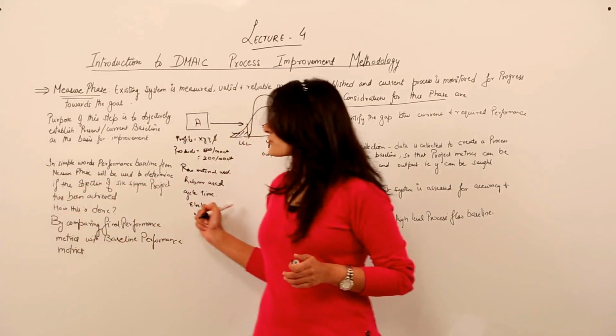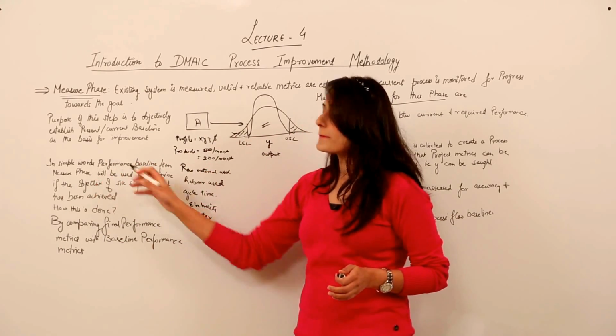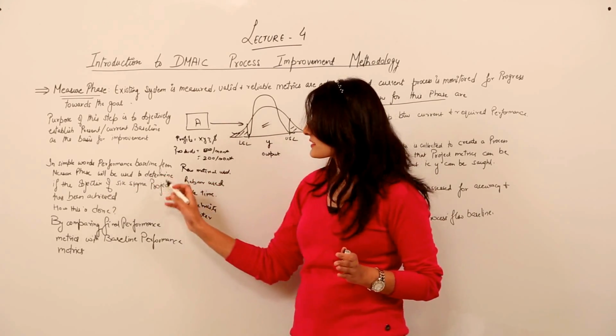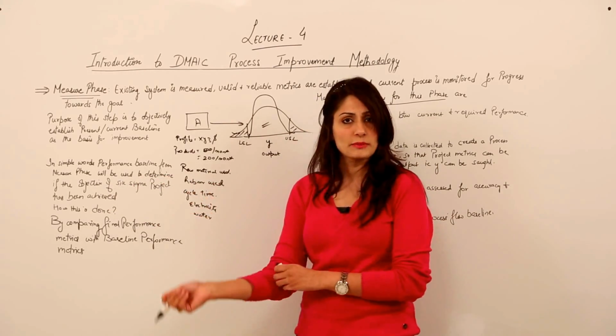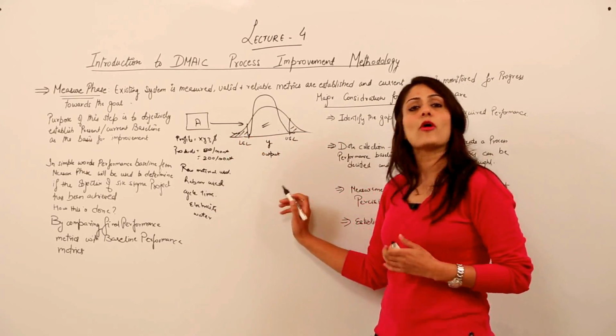What I want to say, in simple words, is that the performance baseline from the measure phase will be used to determine if the objective of the Six Sigma project has been achieved. After Six Sigma implementation, I would again calculate all these things.